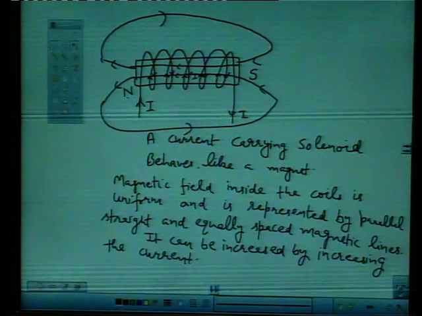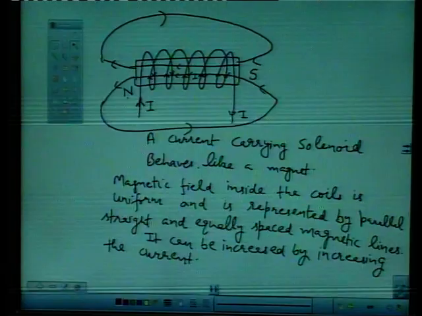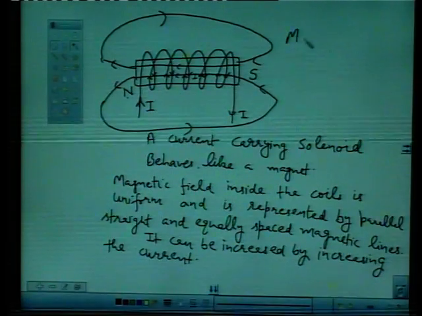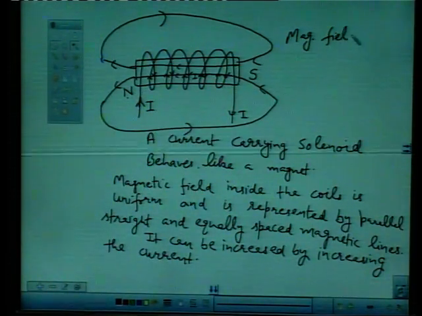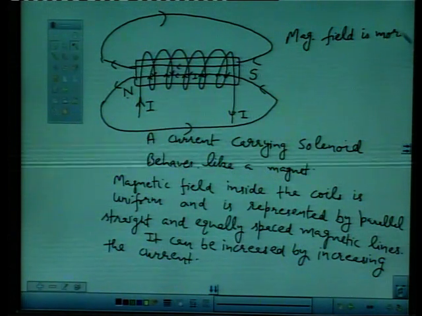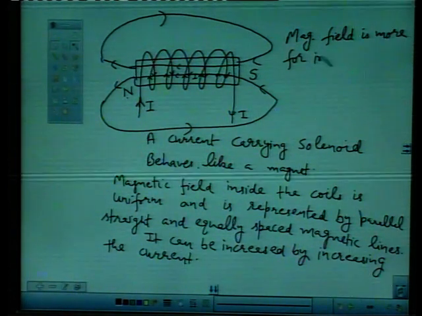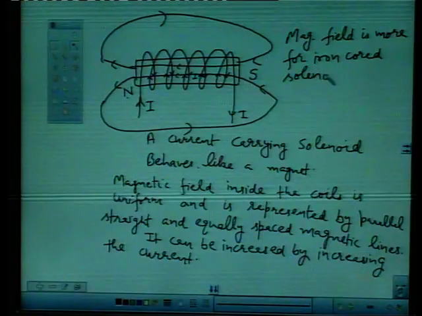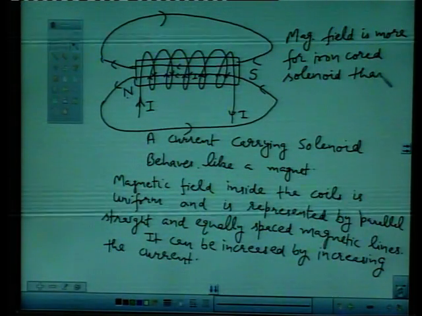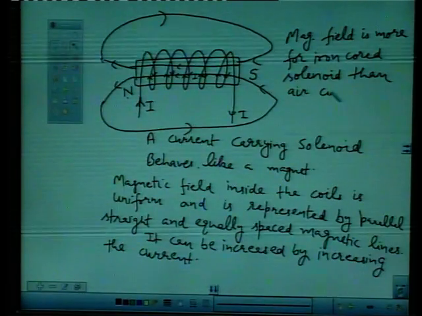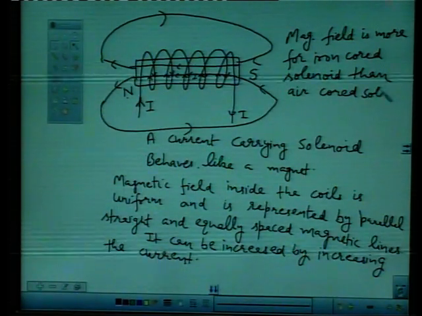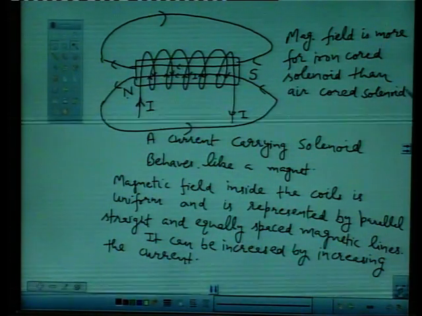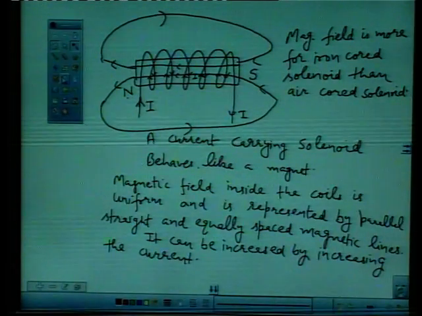So magnetic field will be more for the same amount of current in an iron core solenoid as compared to an air core solenoid. So the magnetic field is more for iron core solenoid than air core solenoid. So this is all about the magnetic field for a solenoid.